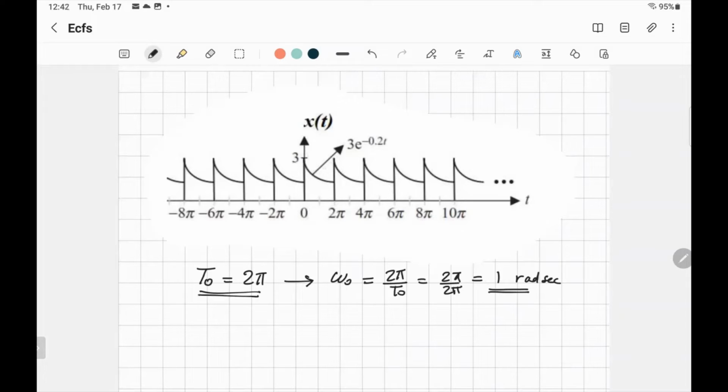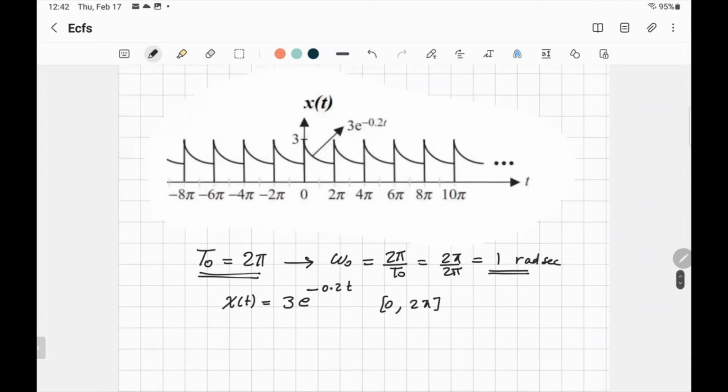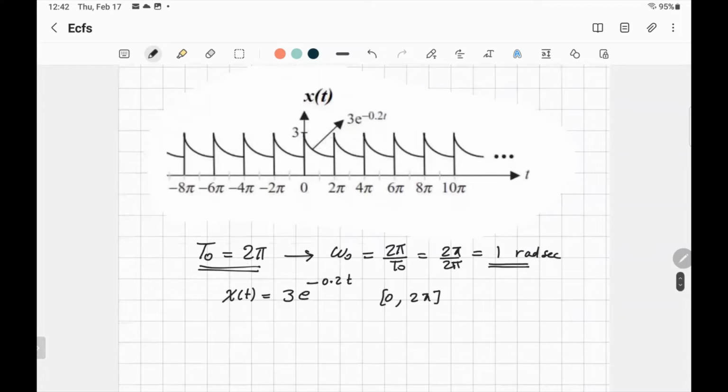The function is given, so I don't have to write it, but I will just write x of t is equal to 3 e to the power minus 0.2 t, defined from 0 to 2 pi. Now, I want to start finding the Fourier series using this new method we explained just now. The steps are exactly the same as we did in the trigonometric Fourier series, where we start by finding a naught, an, bn, and so on.